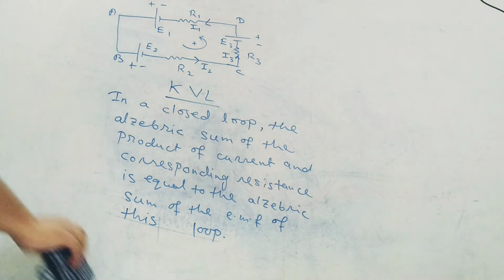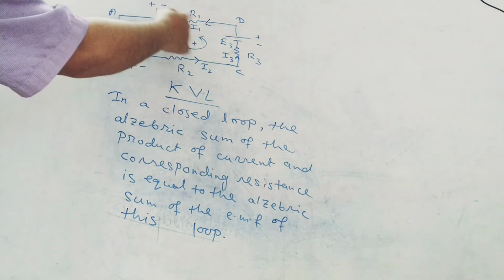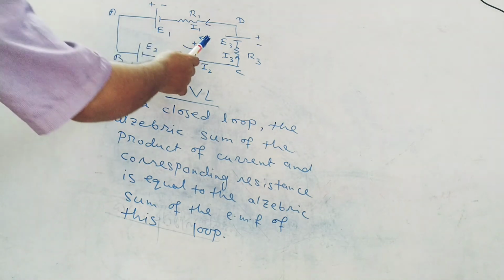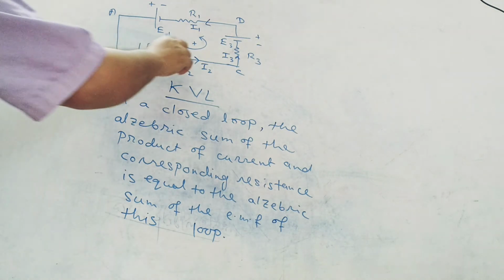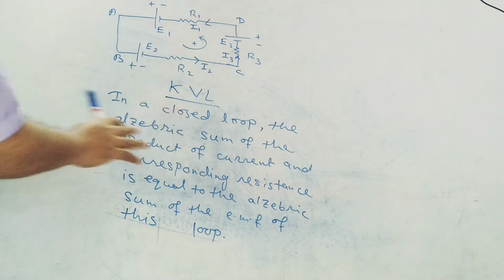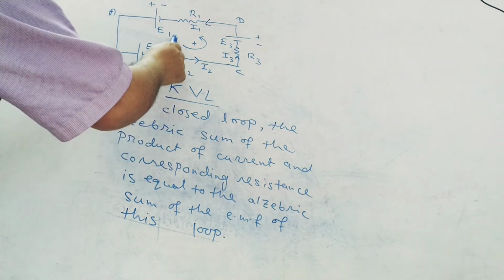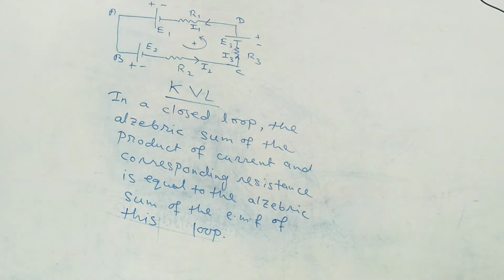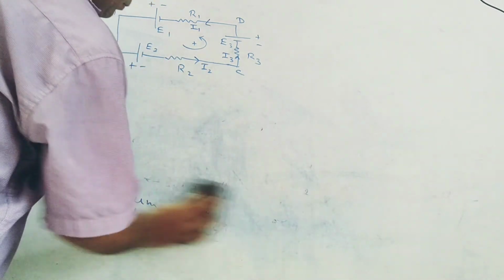And here we consider the anti-clockwise direction as the positive direction. You may change the direction. You may consider that the clockwise direction is positive. Here we consider that anti-clockwise direction is positive and clockwise direction is negative.